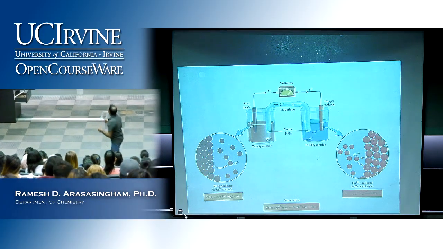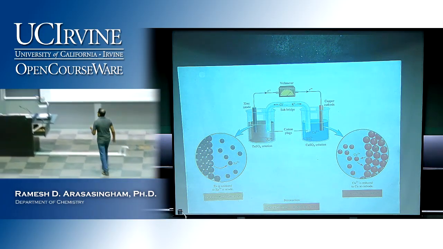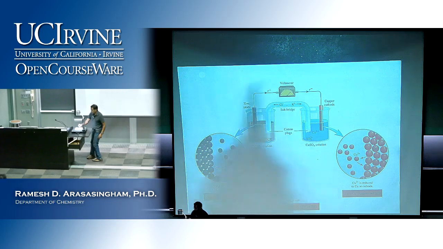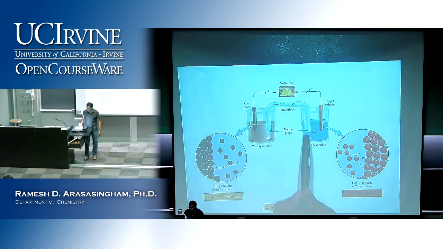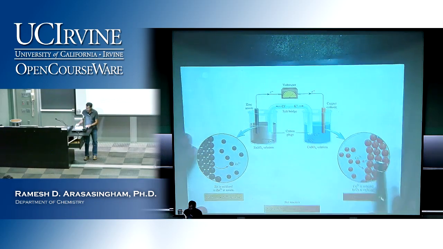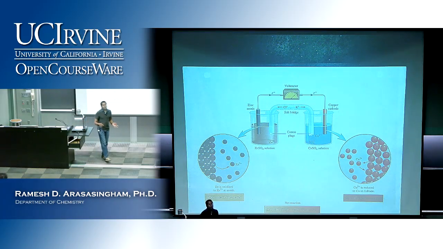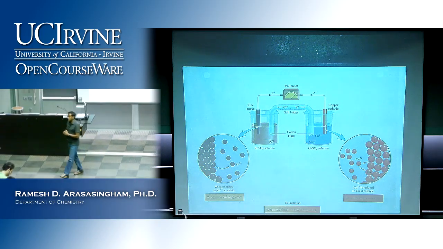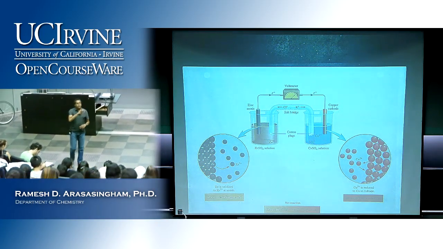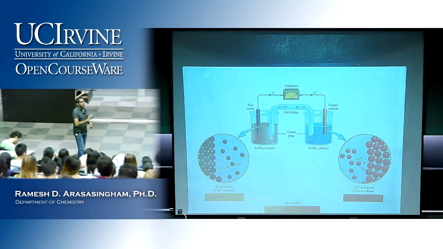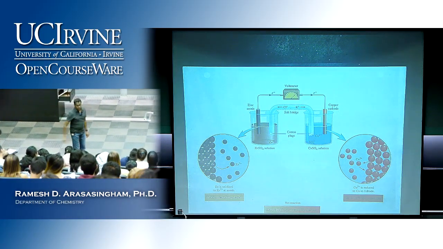And so what's happening here is that you have a flow of electrons that go from this to this, but now you complete the circuit because now you can have ions flowing from this to this. All right? And so overall, what we've done is we've completed the circuit. So there's a complete circuit so that now you can have electrons flowing from one side to the other.